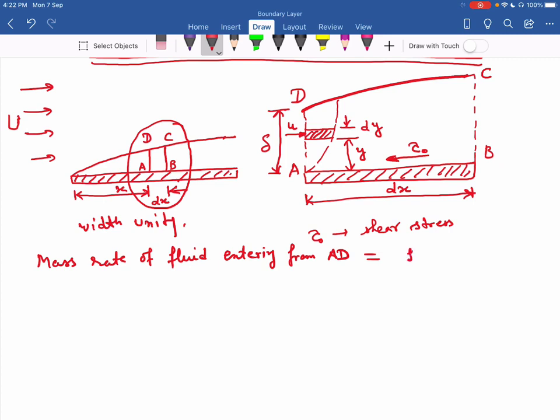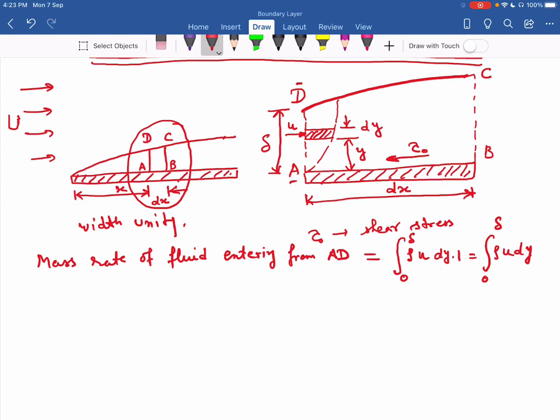That is rho, the density of the flowing fluid, times area dy times width of the plate normal to the screen, times the velocity of the layer u. Along the total AD, from A to D, it becomes the integration of this when y varies from 0 to delta. So you can simply write the integral of rho u dy from 0 to delta. This is the mass rate of fluid entering through AD.